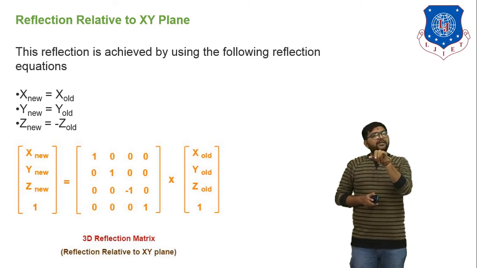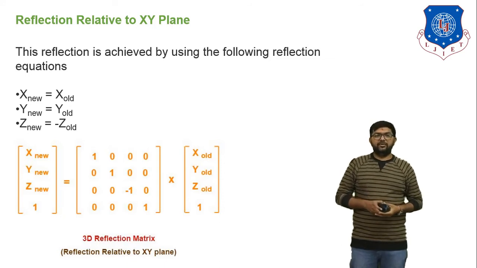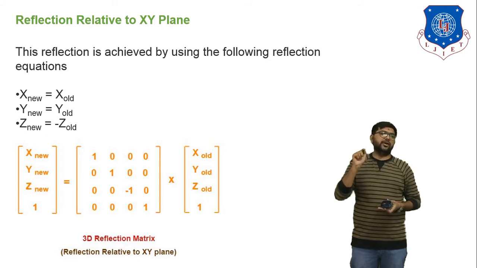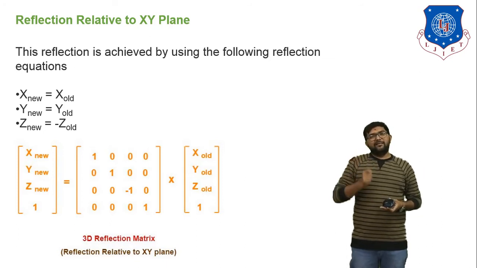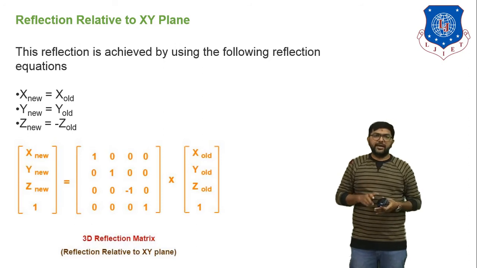If you multiply these two matrices, you will get the answer for the 3 equations. First row with first column: 1 into X old plus 0 into Y old plus 0 into Z old plus 0 into 1, and you get X new is equal to X old. In the same way, the second row gives Y new, and the third row gives Z new.